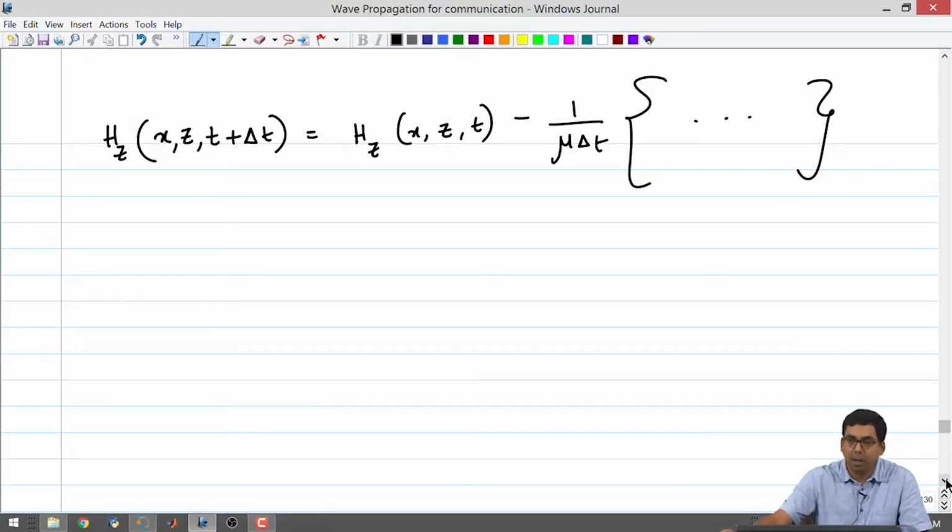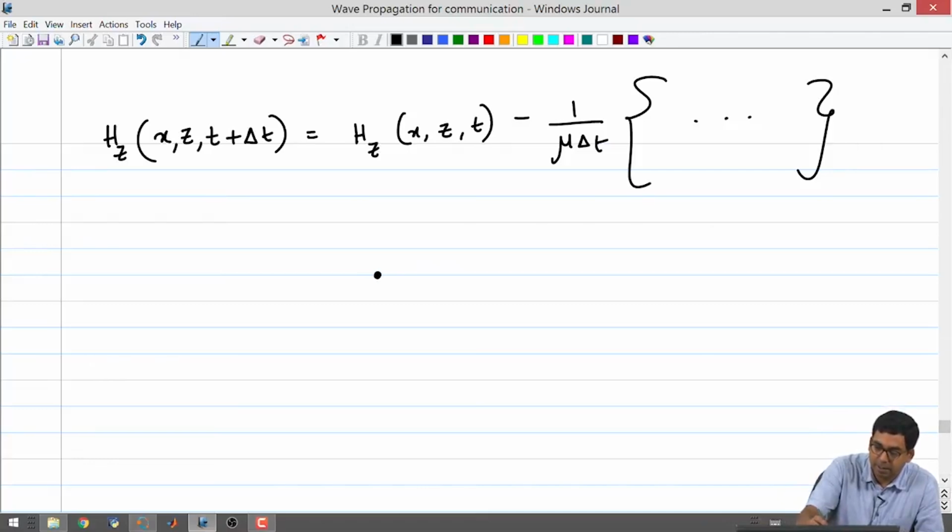I will not go into a large amount of detail for this because there is an advanced course for you to take, computational electromagnetics. But the premise of the argument is like this.